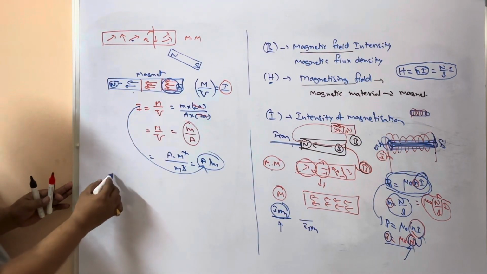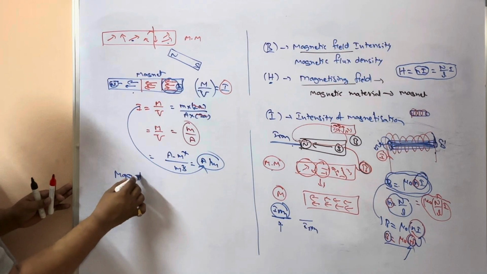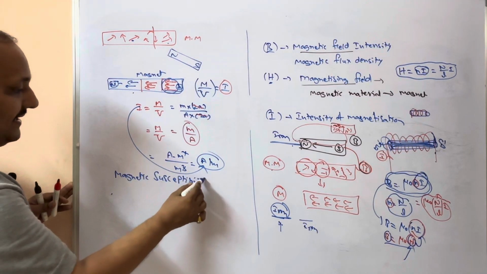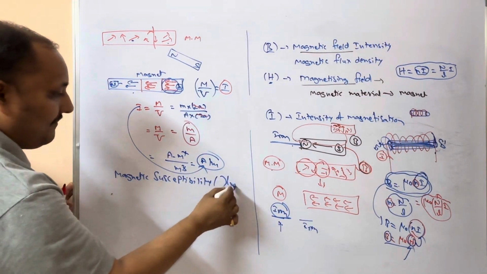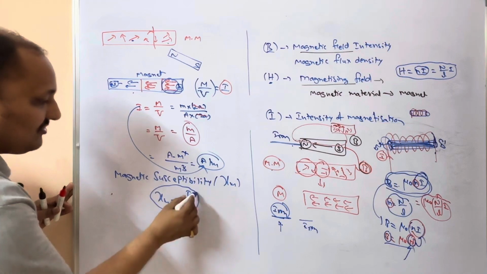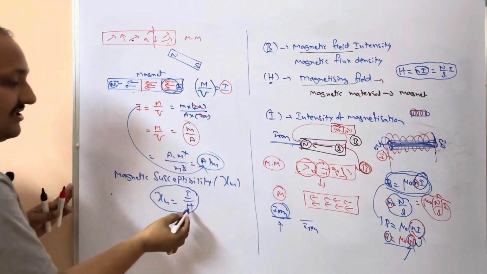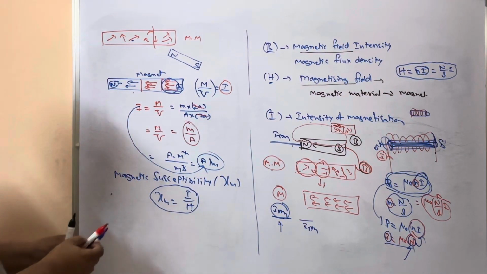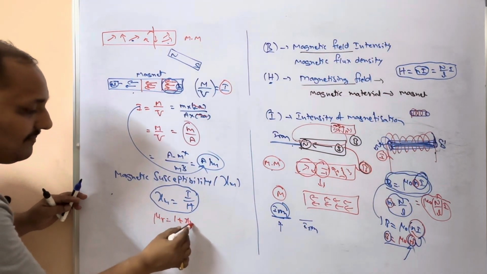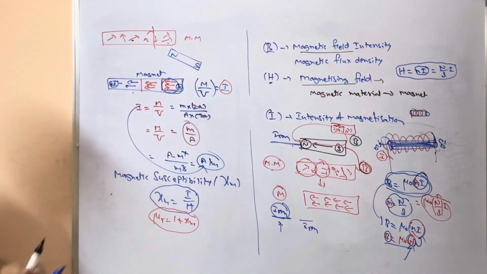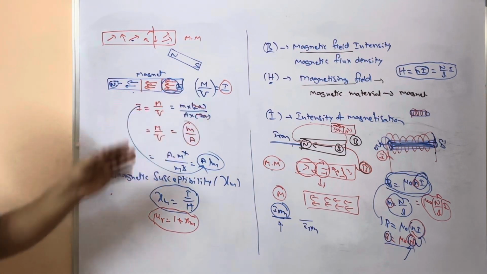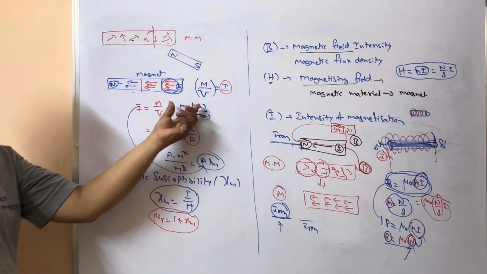Next, magnetic susceptibility, chi m. It is defined as I by H, the ratio of intensity of magnetization to magnetizing field. The relation with relative permeability is mu r is equal to 1 plus chi m. This susceptibility defines how much intensity we get after magnetization.